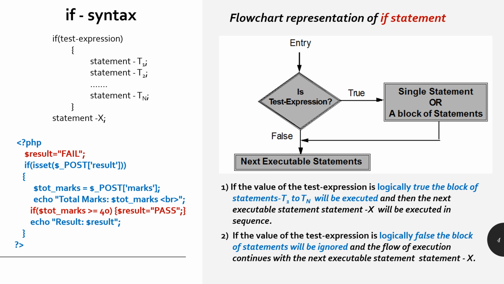Now we are going to discuss the if statement, that is, the simple form of the if statement. Here is the block diagram for the if statement. From the diagram it is very clear what the flow representation is. There is one condition. If the condition is true, this particular block will be executed, and after completion of this execution, the next executable statements will be executed.